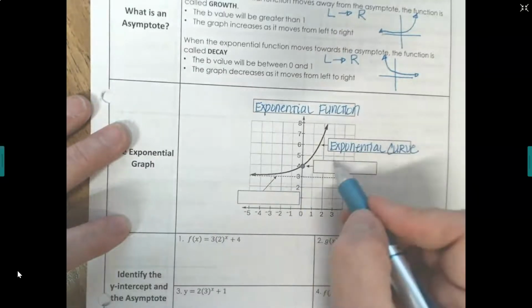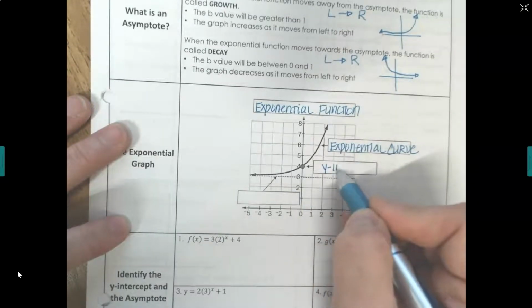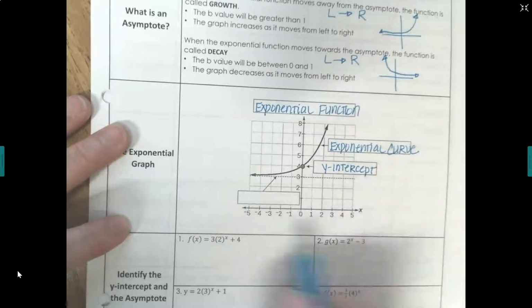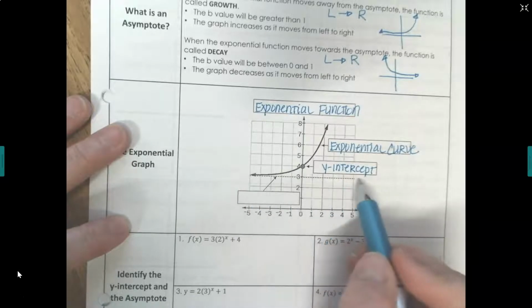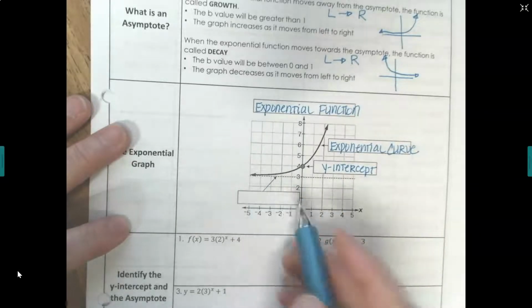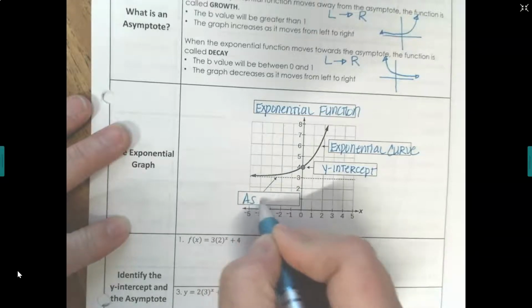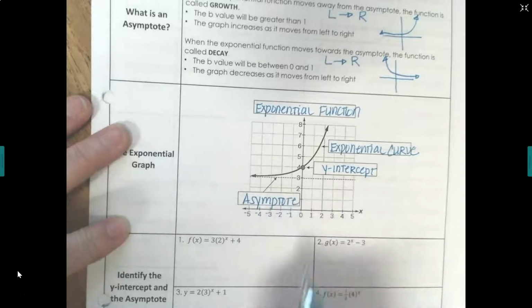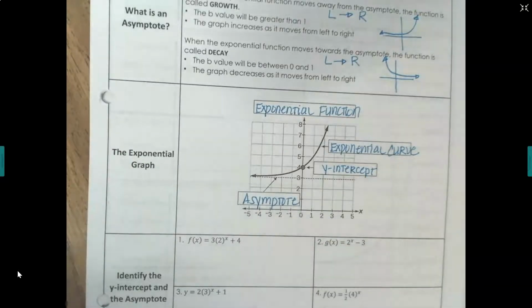That's where the graph crosses the y-axis, so that's our y-intercept. And this dotted line, see over here how the graph is getting really, really close to it? The graph will never cross that. That's our asymptote. Now, often the dotted line is not there. That's part of what we have to work on to help us identify it and determine what the asymptote is.